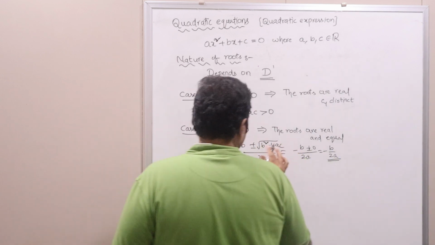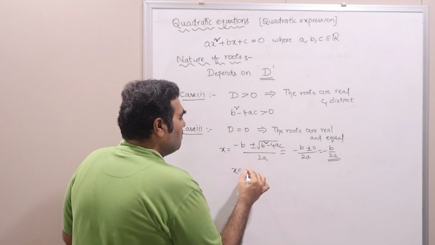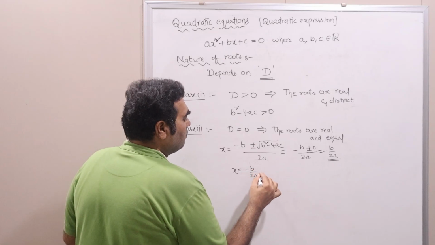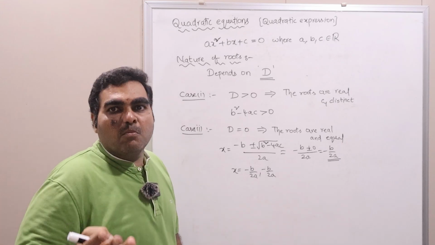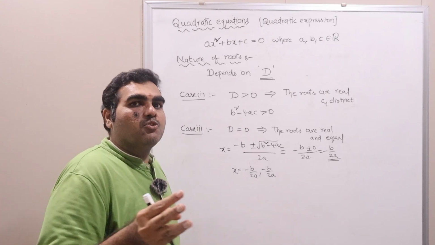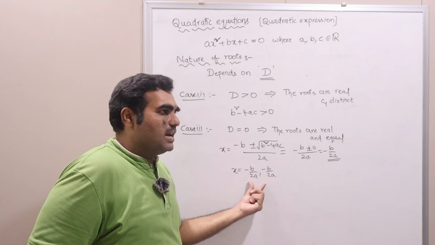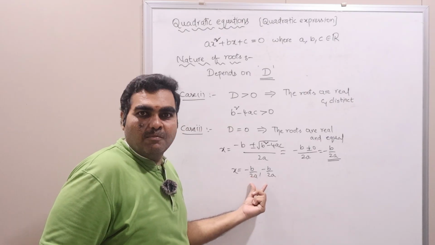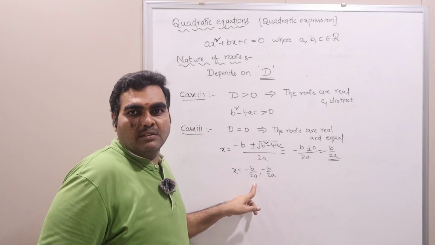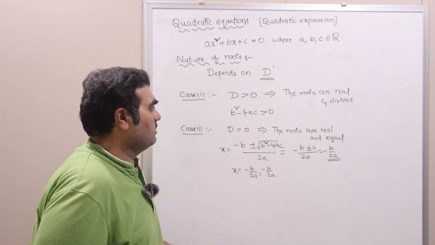That means in this case x is equal to minus b by 2a, minus b by 2a. Why? Because minus b plus 0 by 2a and minus b minus 0 by 2a. In both cases you will be getting minus b by 2a, right? So roots are real and roots are equal. This is how you can understand.